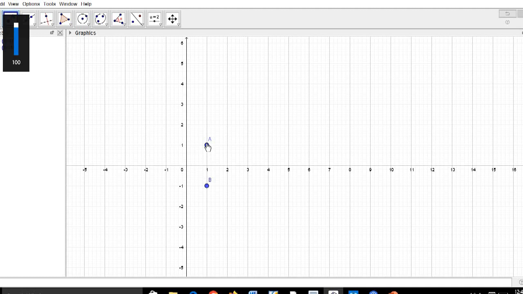For example, if here is about the y-axis, when you reflect, here it will be here. You see that it has changed. The x coordinate has changed. So we have (negative 1, 1).